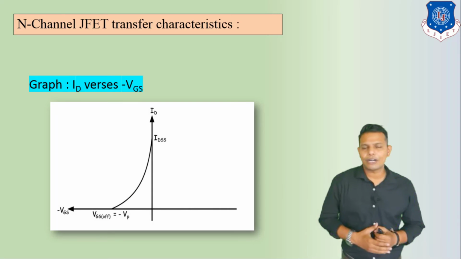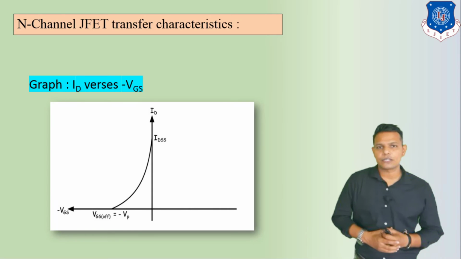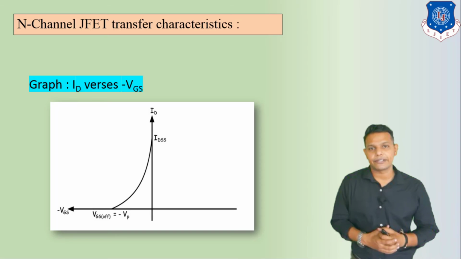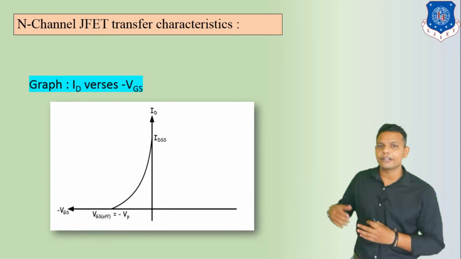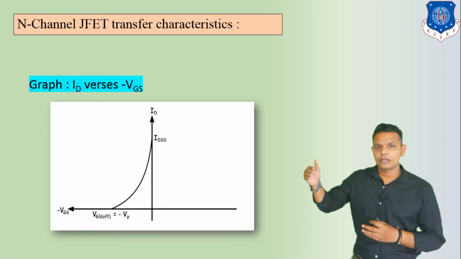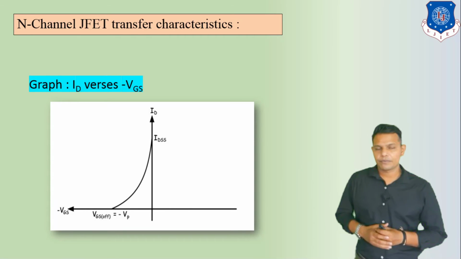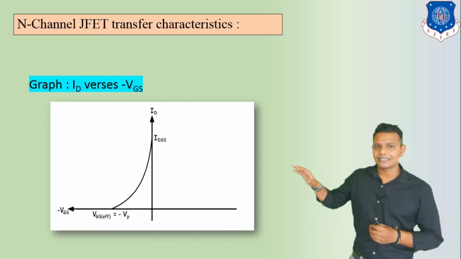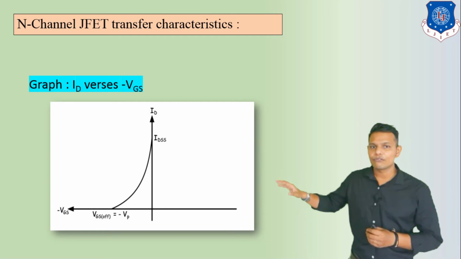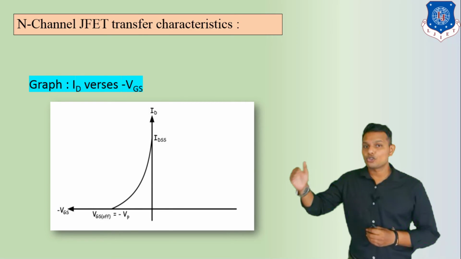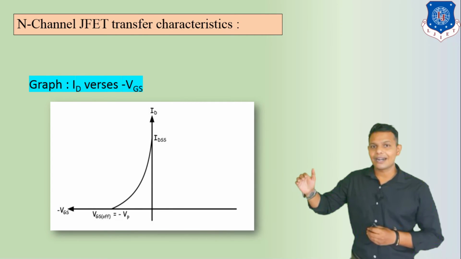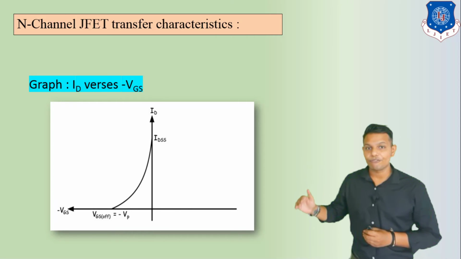Now we are going to discuss another characteristic, which is known as transfer characteristics. Transfer characteristics are a little different from the output characteristics. Here the graph is ID versus VGS, whereas in output or drain characteristics it is the graph of ID versus VDS.